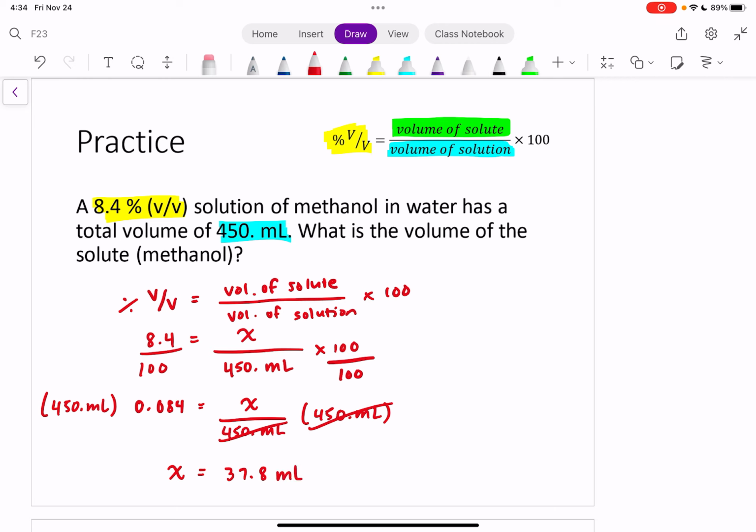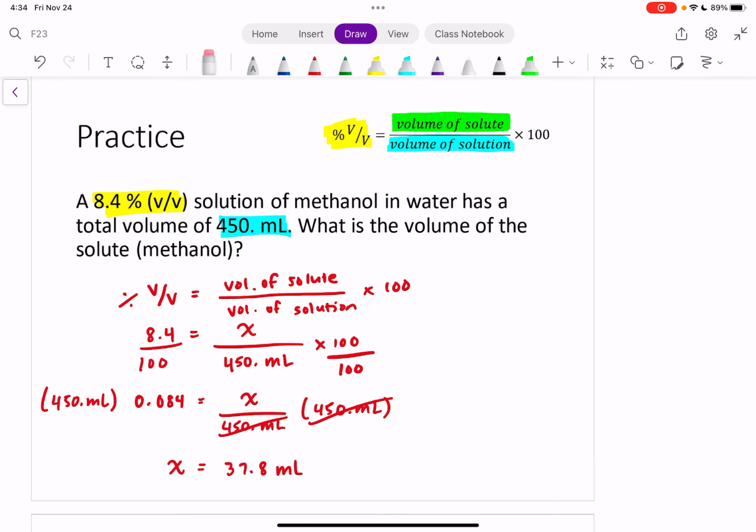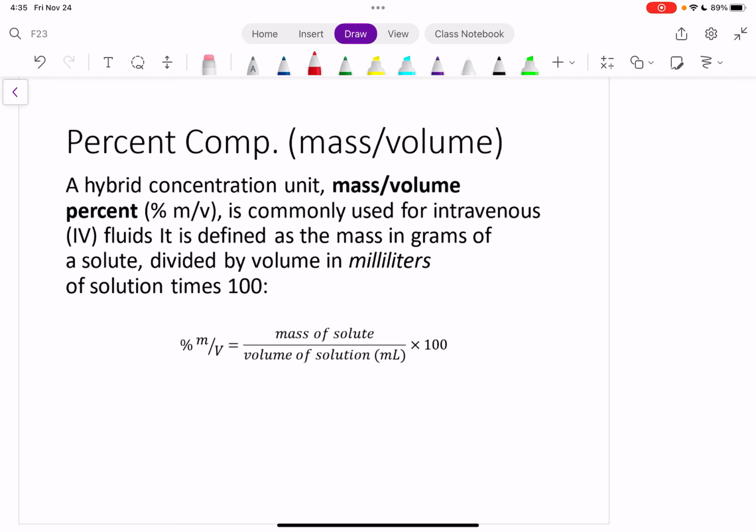Milliliters. Now I'm just going to replace X back with the volume of solute, in this case methanol, equals 37.8 milliliters.